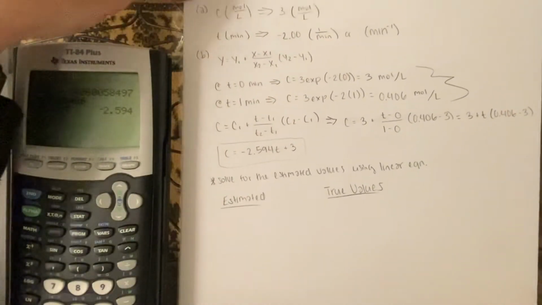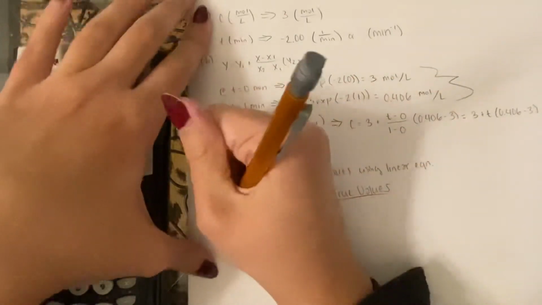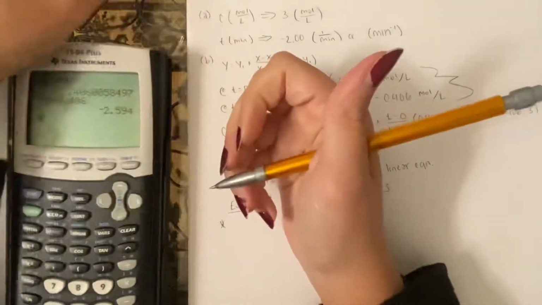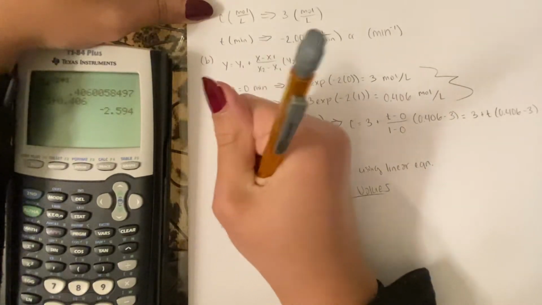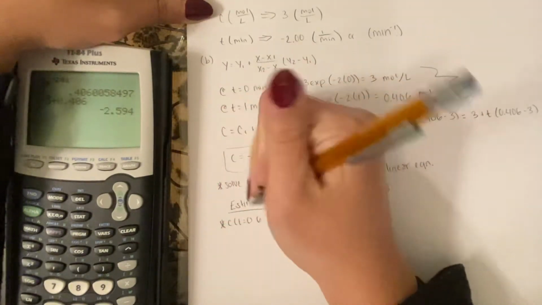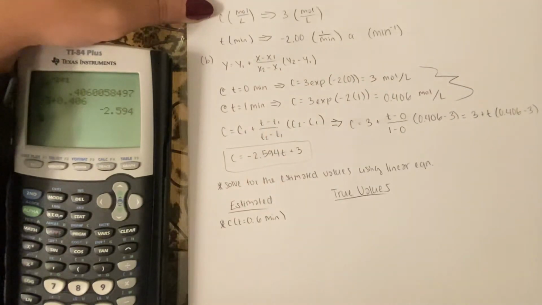So our estimated values: we have C at T equals 0.6 minutes is what we want.